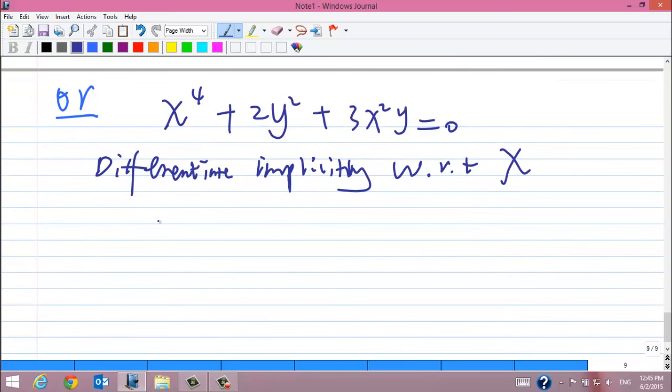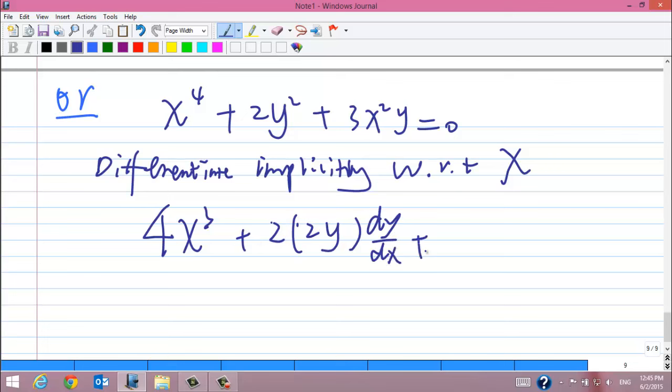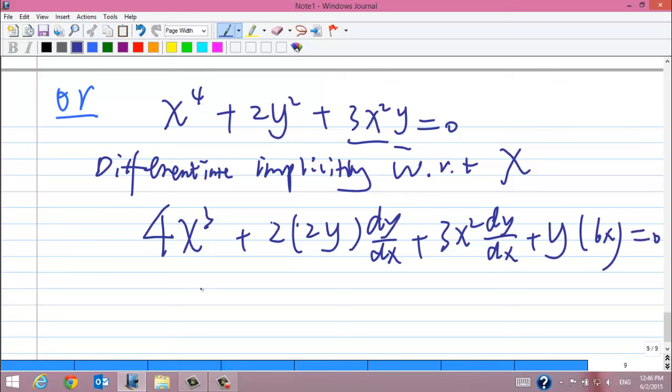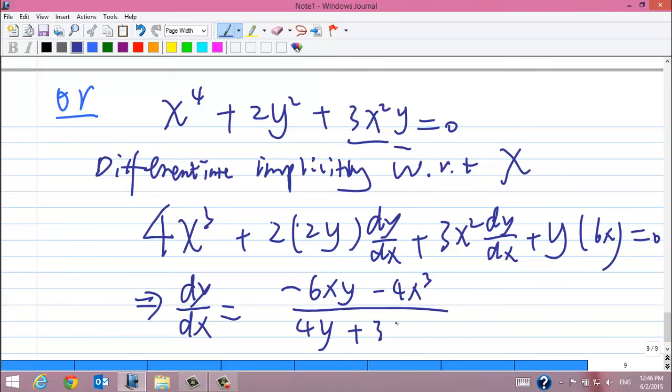Then you're going to have 4x cubed plus 2 times 2y dy/dx plus, this one is uv, u dv plus v du, equals 0. So from here you can find dy/dx in terms of x and y, which is minus 6xy minus 4x cubed over 4y plus 3x squared.